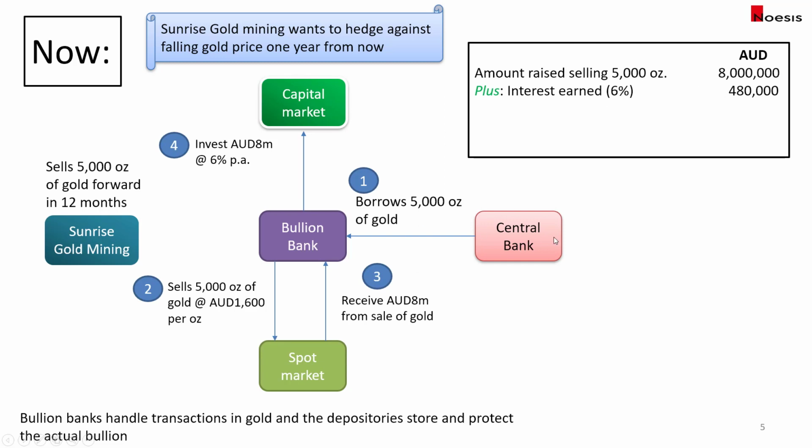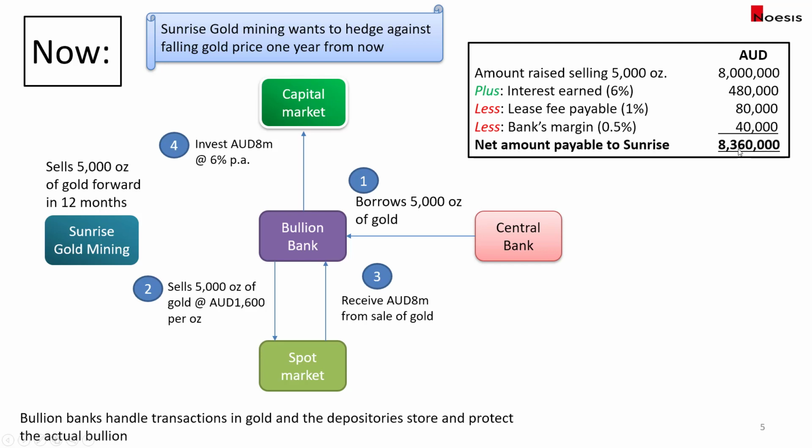The lease fee payable to the central bank will be 1% of the spot value, which is 8 million times 1%, that's 80,000. And the bank will have to earn a margin, which is 0.5% of $8 million, that's 40,000. So when we take 8 million plus 480,000 minus 80,000 minus 40,000, we get 8.36 million. That's the amount payable to Sunrise 1 year from now.